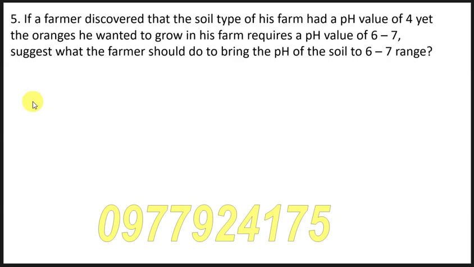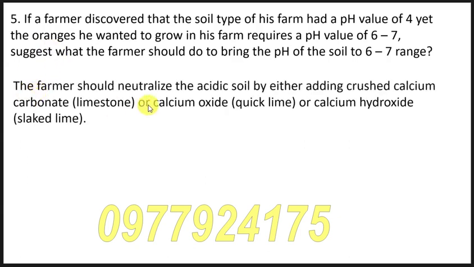Okay, so now what the farmer should do here, we are saying the farmer should neutralize the acidic soil by adding either crushed calcium carbonate, which is also known as limestone, or calcium oxide, also known as quicklime, or calcium hydroxide, also known as slaked lime.